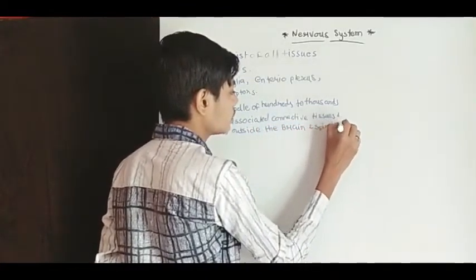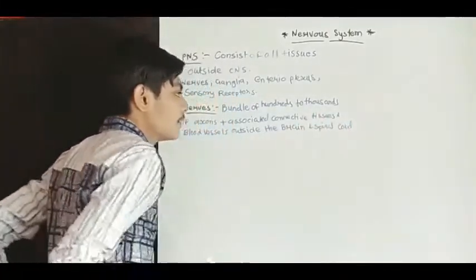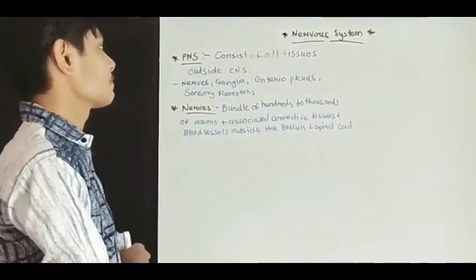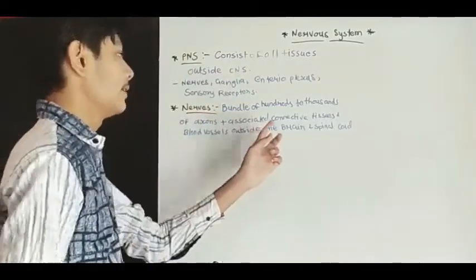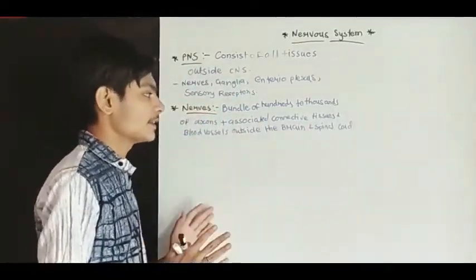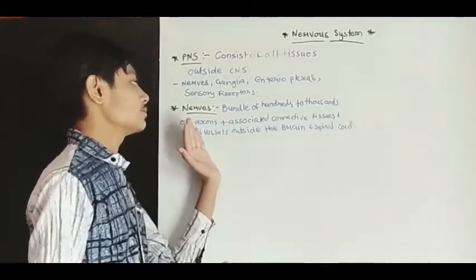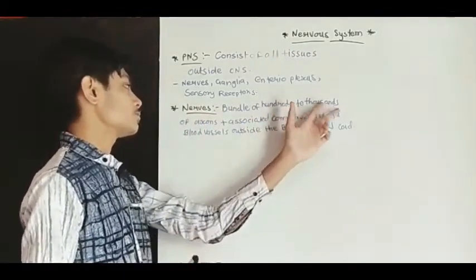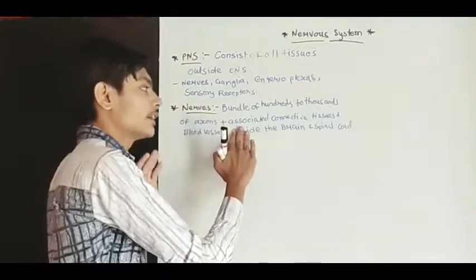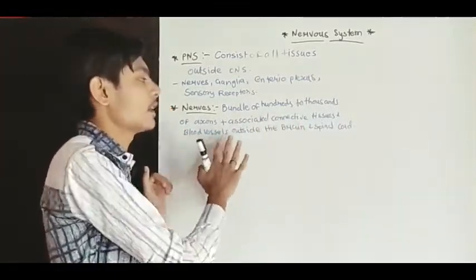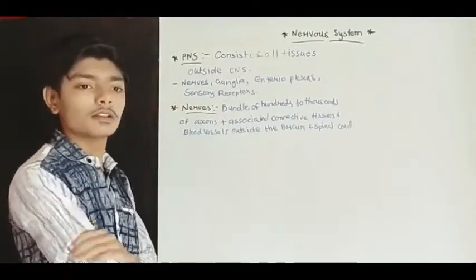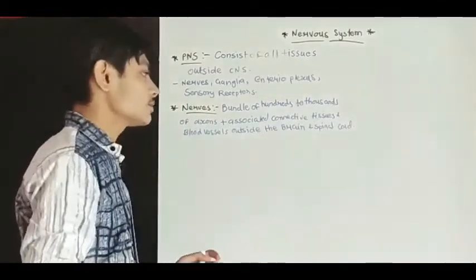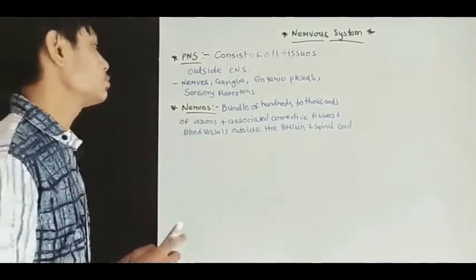Obviously, as we have seen, it is outside the CNS, and brain and spinal cord are the parts of the CNS. So nerves are the bundles of hundreds to thousands of axons with connective tissues and blood vessels which are outside the brain and the spinal cord. So this is nerves. Further, nerves can be divided into two types.